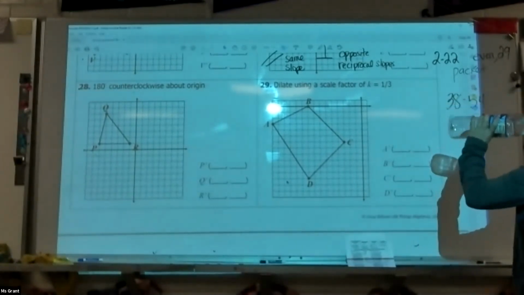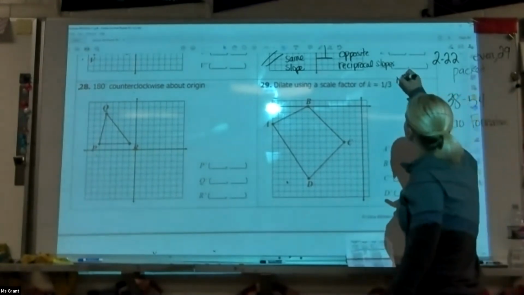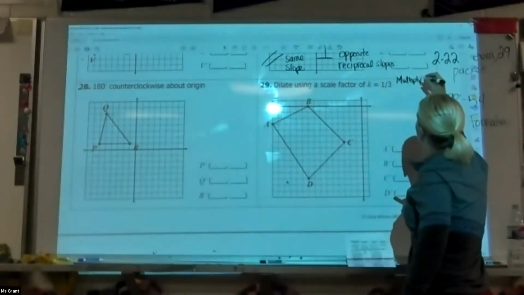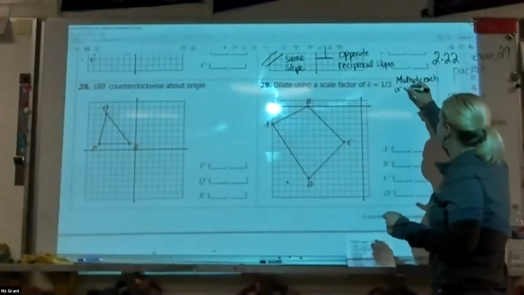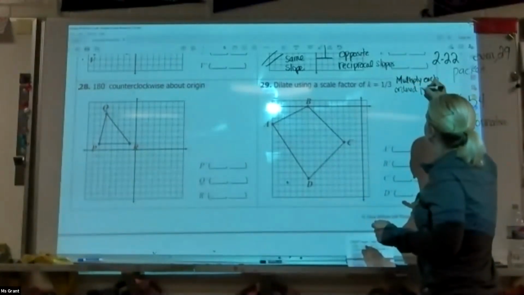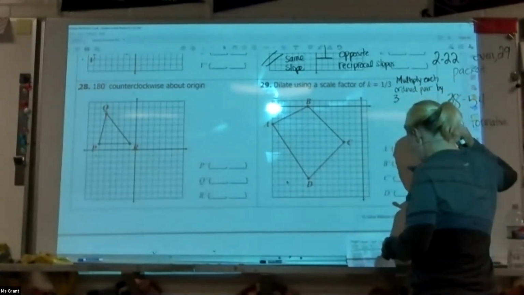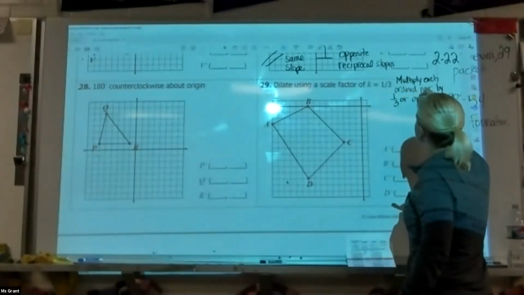So you need to multiply each ordered pair by 1/3 or divide by 3. You cut into thirds.